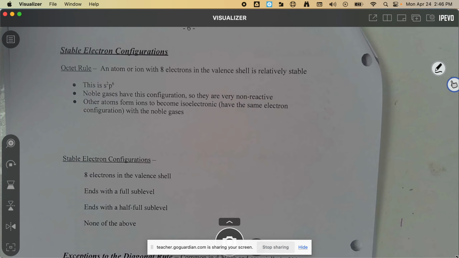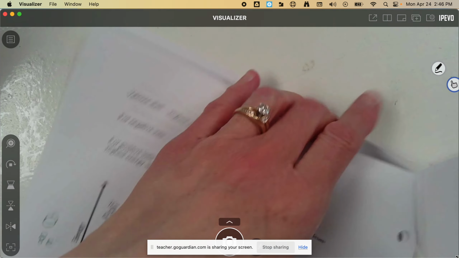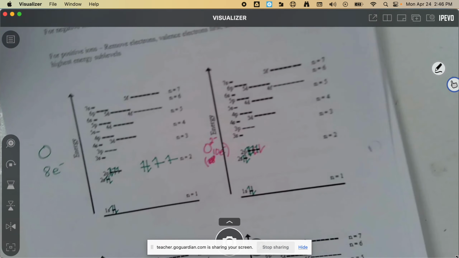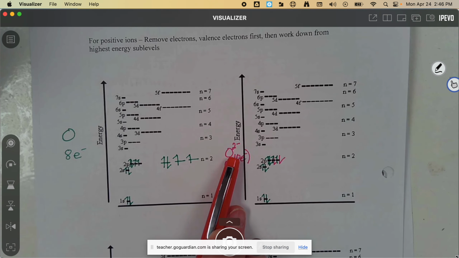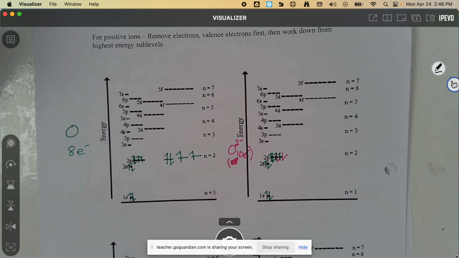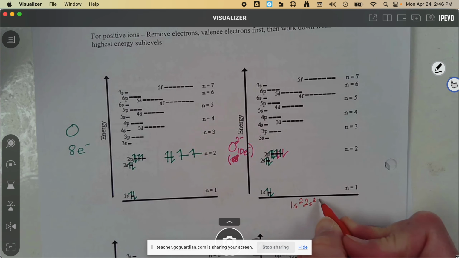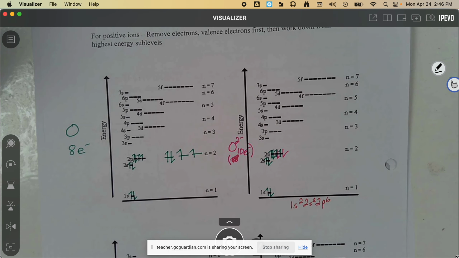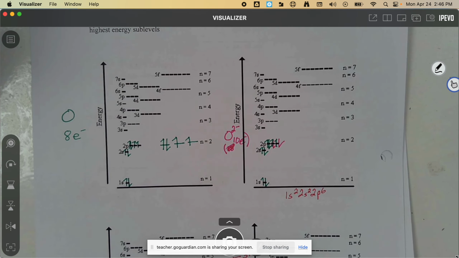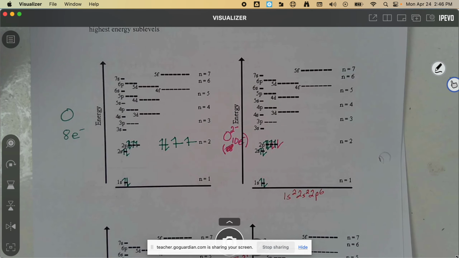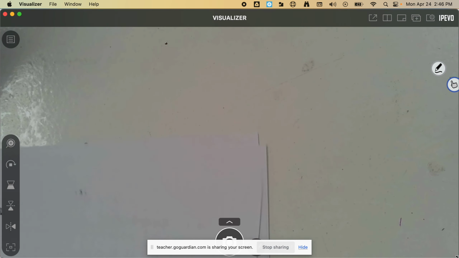So if we look back to what we did to oxygen, oxygen makes a -2 ion because it needs 2 more electrons to have an electron configuration that ends 2s2, 2p6. We're constantly trying to get to an s2p6 configuration when we form ions, and that's the octet rule.